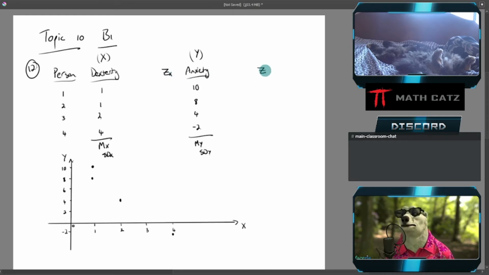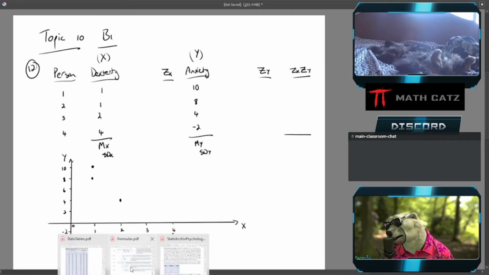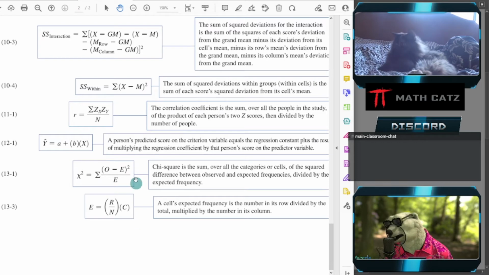I'll put that over here with some space in between to explain how we get from the score to the standardized z-score. And then we're going to combine these 2 z-scores by multiplying them together for each person, and that is eventually going to give us our correlation coefficient. Now, our formulas are a little bit limited here, but we look at 11.1, which is our correlation coefficient.